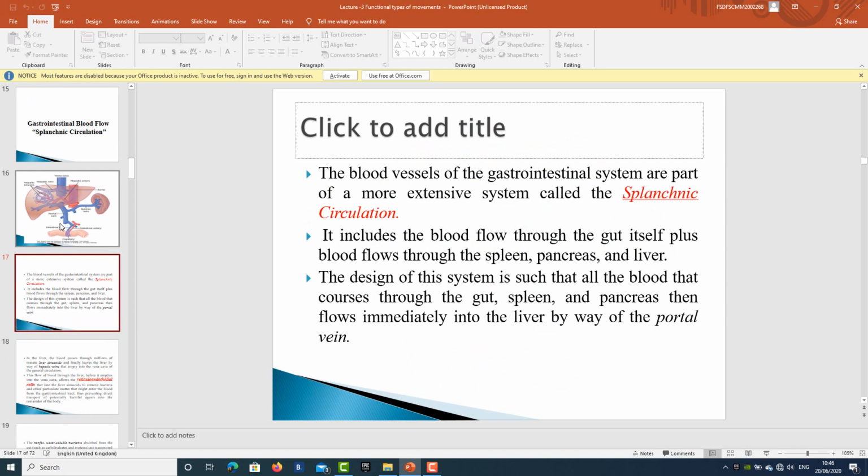Now the blood vessels of the gastrointestinal system are part of a more extensive system called splanchnic circulation. It includes the blood flow through the gut itself plus the blood flowing through spleen, pancreas, liver. The design of this system is such that all the blood that courses through the gut, spleen, and pancreas then flows immediately into the liver by way of the portal vein.